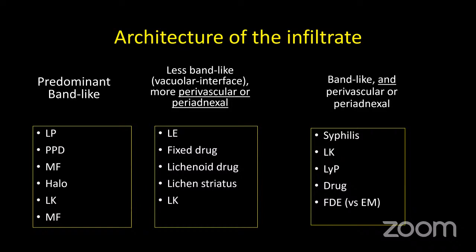Halo nevus, lichenoid keratosis. Well, look at that, I put MF twice. Sorry about that, just to emphasize my point. Lupus erythematosus, fixed drug, lichen striatus, and lichenoid keratosis can usually have a little bit of both, and these also will tend to involve the vascular plexus. And then you can have both solidly band-like and prominently perivascular or periadnexal patterns in some of these other conditions, and we'll go through each of these.